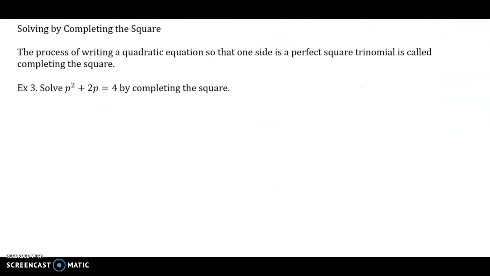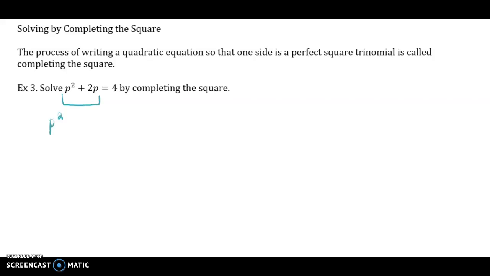Alright, so next thing, we're going to be solving by completing the square. The process of writing a quadratic equation so that one side is a perfect square trinomial is called completing the square. And within completing the square, we are going to be using the square root method. Example number 3 says solve p squared plus 2p equals 4 by completing the square. What we want to do is on this side, we want to make it a perfect square.